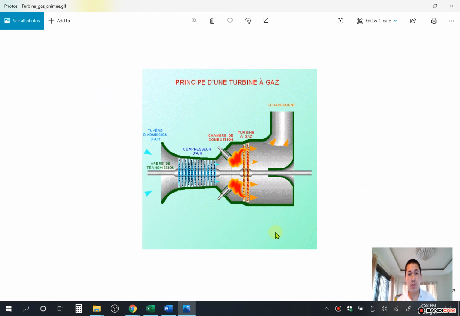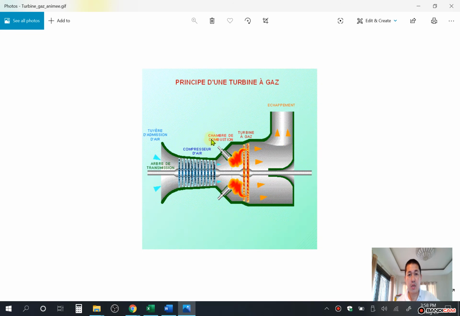So this is gas turbine. So here there is a compressor. See? So here the compressor is taking air suction, and the air is compressed in this area, this compressor.